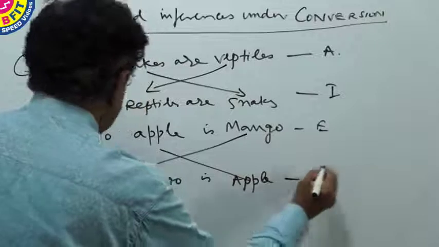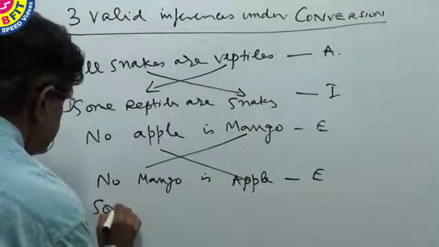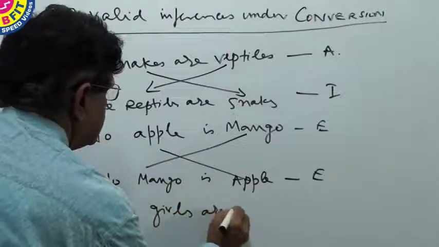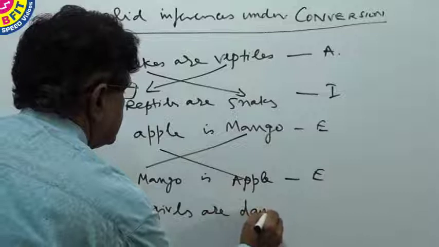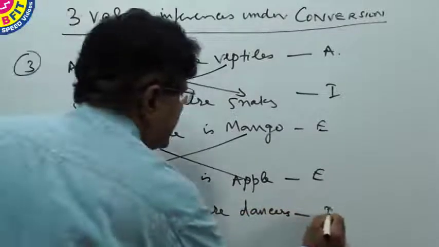This is also an E-type statement. This is also a valid inference. The fifth inference that you can draw is "some girls are dancers." This is an I-type statement.